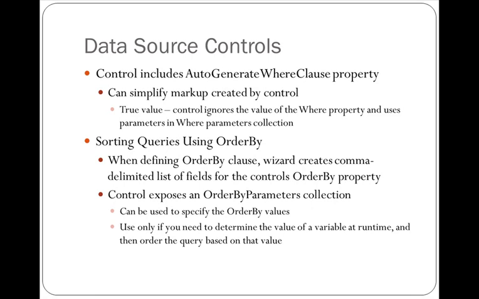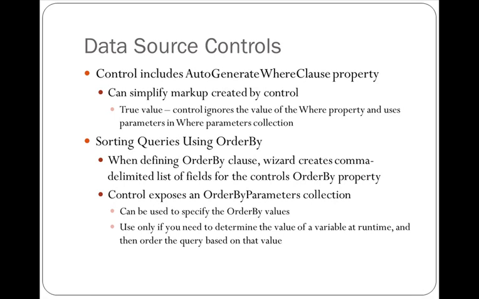When defining an order by clause, the wizard creates a comma delimited list of fields as the values for the control's order by property, and the value of the order by property is then appended to the control's links query when it's executed. The control also exposes an order by parameters collection, which you can also use to specify order by values.